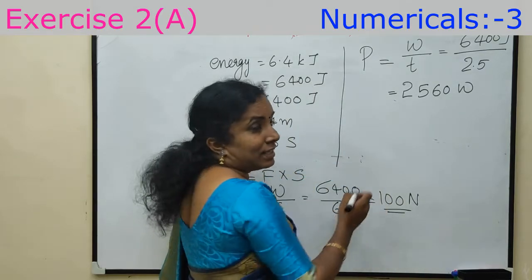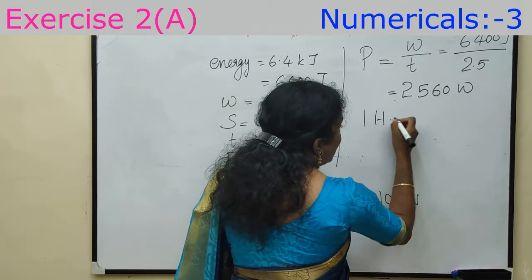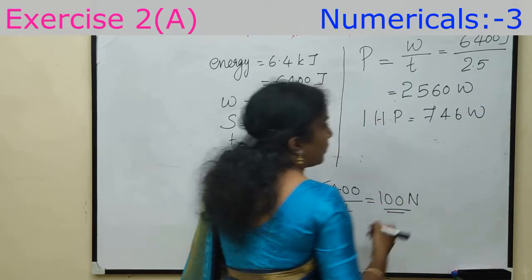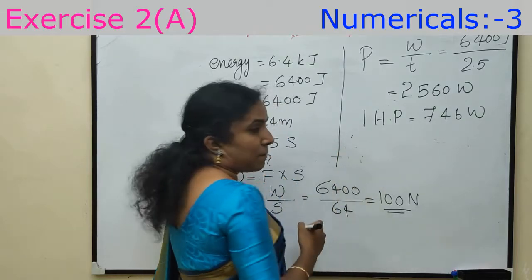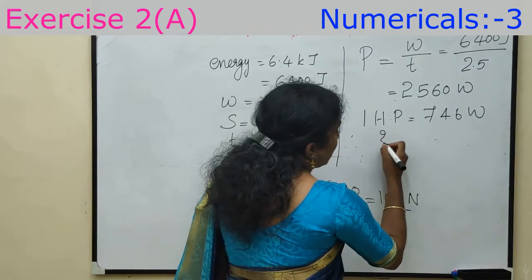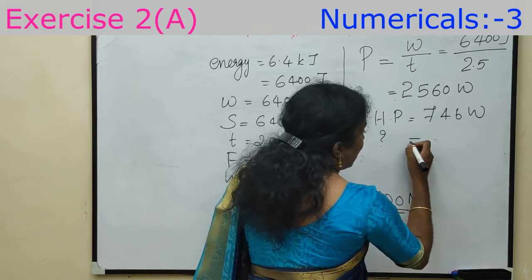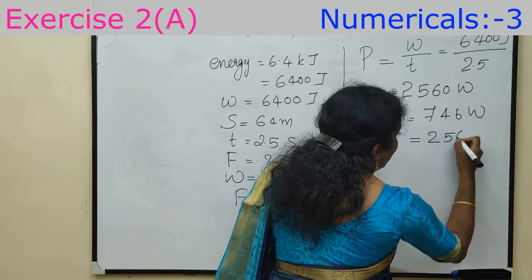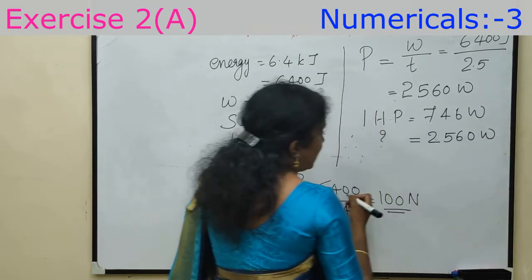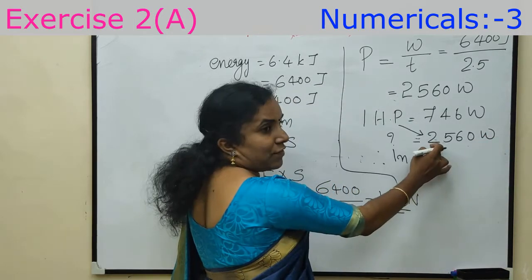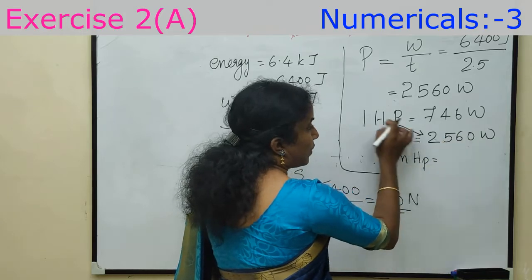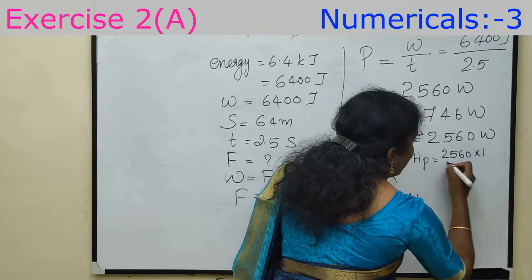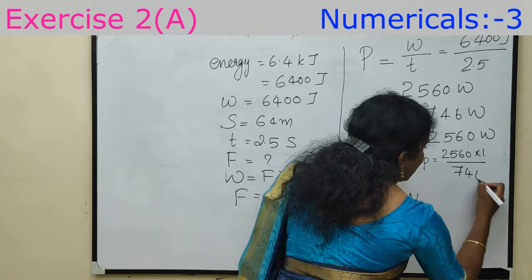We know that 1 horsepower is equal to 746 watts. Therefore, the horsepower for 2560 watts is 2560 into 1 by 746.